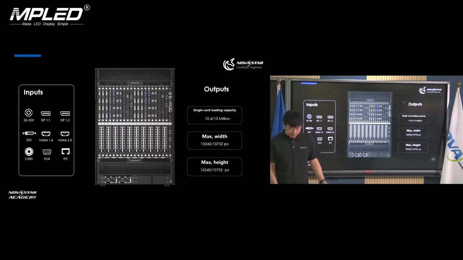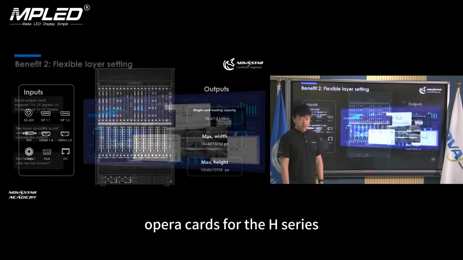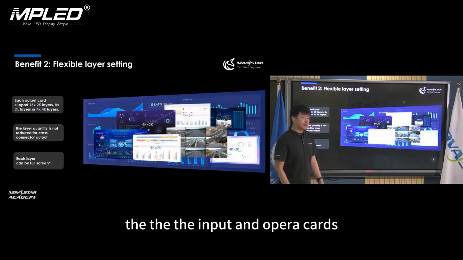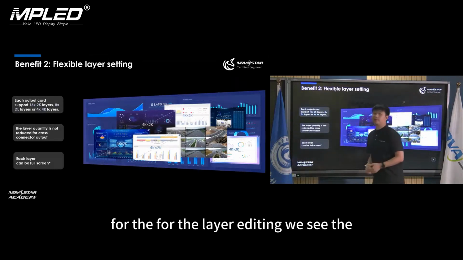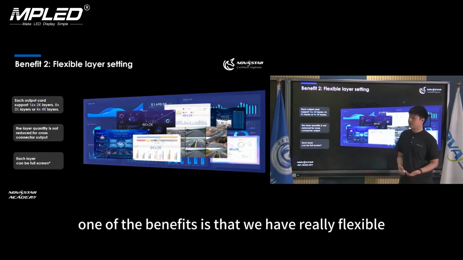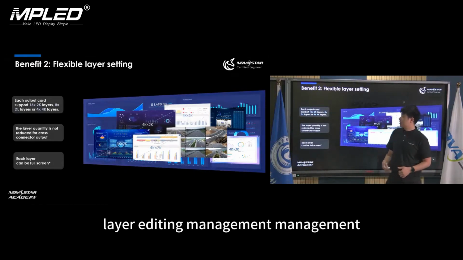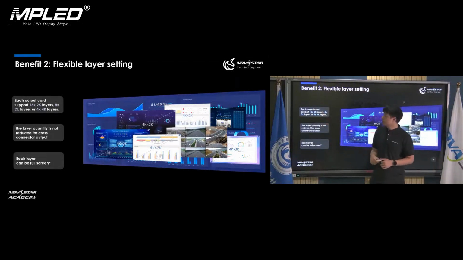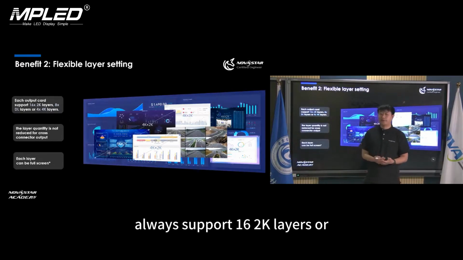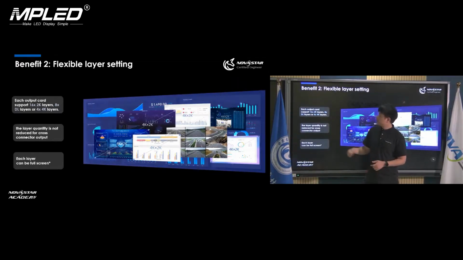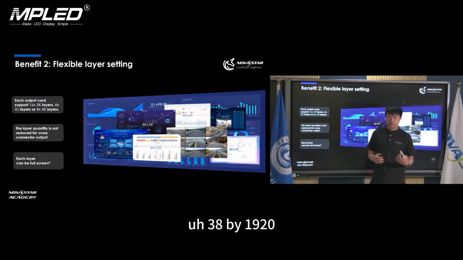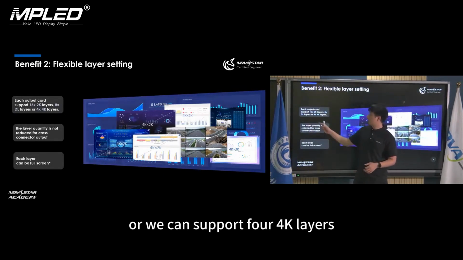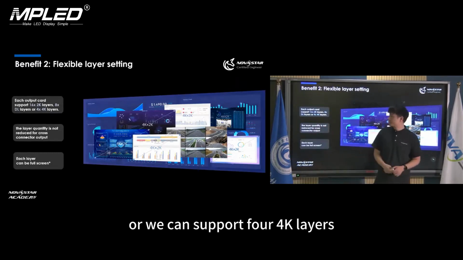So this is all the input and the output cards for the H series. For the layer editing, we see one of the benefits is we have really flexible layer editing management. So for each output card, we support 16 2K layers or 8 dual layers, which means like 3840 by 1920, or we can support 4K layers.